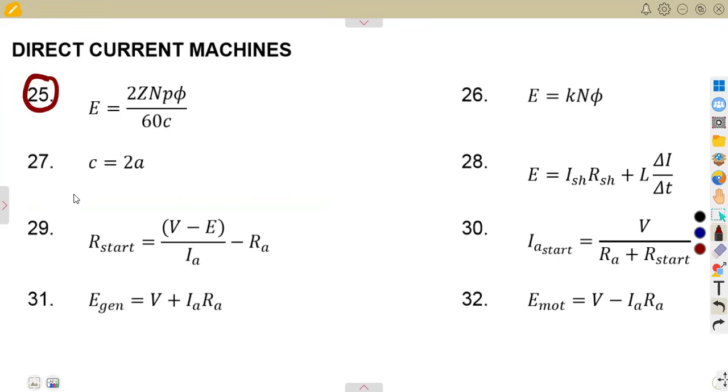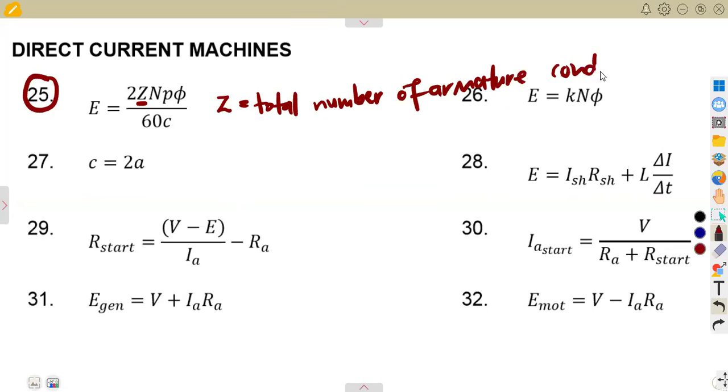When calculating this E, the generated EMF can be given by this formula, that is 2 times Z times N times P times flux, over 60C. Z is the total number of armature conductors.